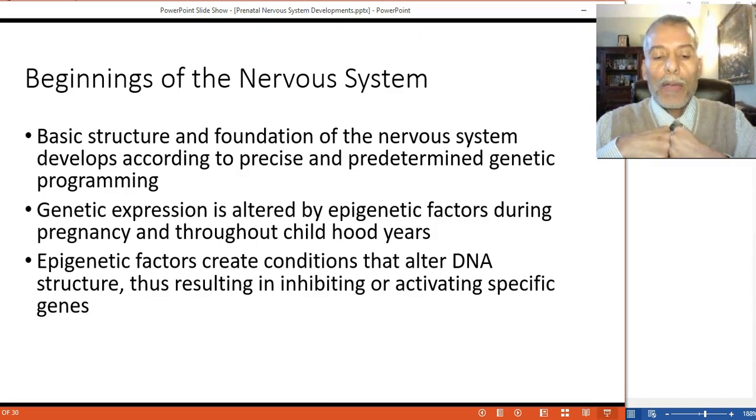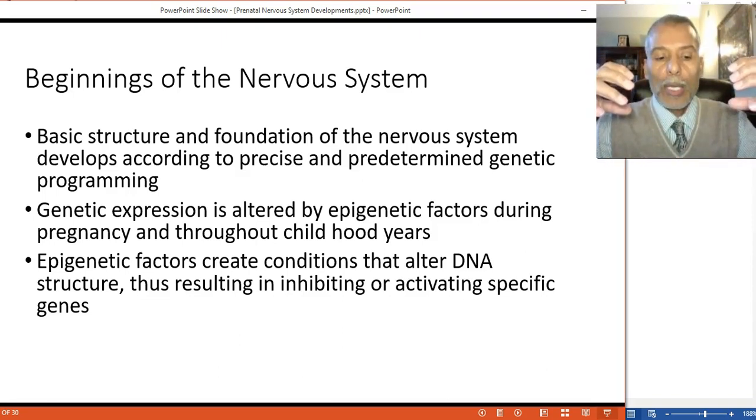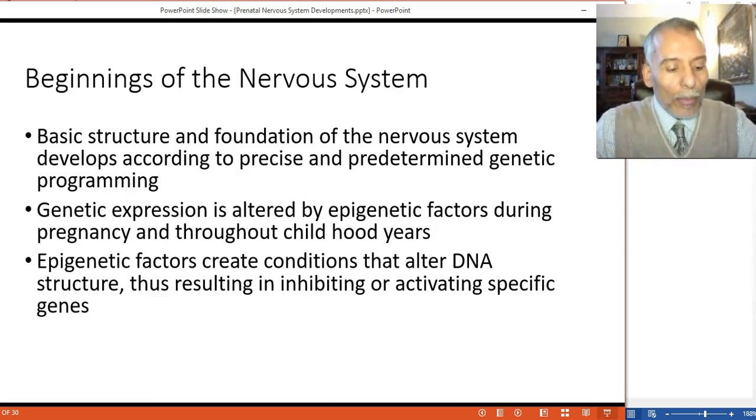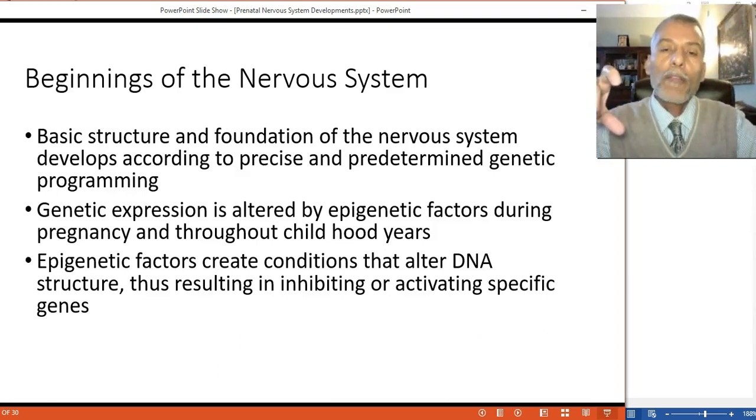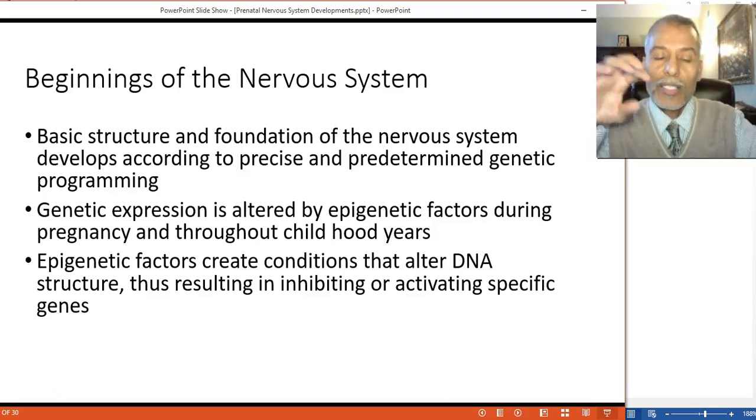So we have genetically predetermined structures and a sequence. However, the effect of the environment is going to cause alterations to that genetic map or to the genetic programming that was already predetermined.